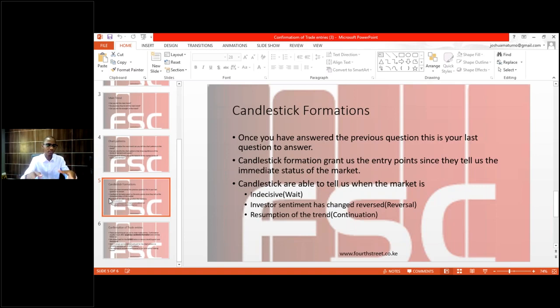If we analyze the forex charts like we're going to be doing in a few minutes, and we find reversal candlesticks which inform us that the investor sentiment is about to change, or that the bulls have exhausted their buy power and the bears have exhausted their selling power, then we know as price action traders, now it's time to go long. Now it's time to go short. If it's an indecisive candlestick, then we know now it's time to wait.